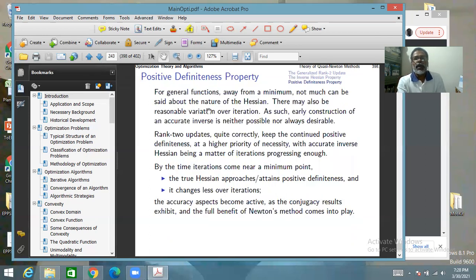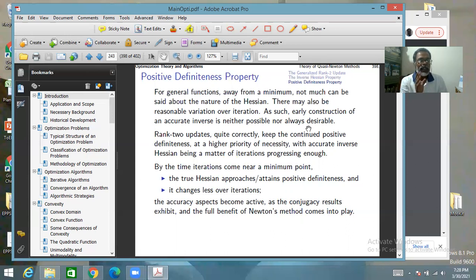So for general functions away from a minimum, not much can be said about the nature of the actual Hessian. There may be also reasonable variation over iterations. Okay. Therefore, early construction of an accurate inverse is neither possible because there are frequent changes, nor desirable because that may not be positive definite.